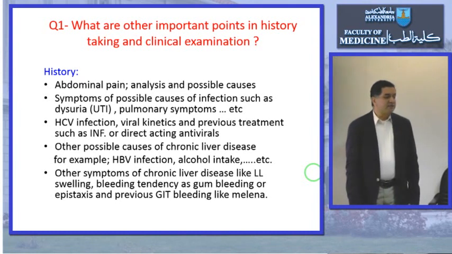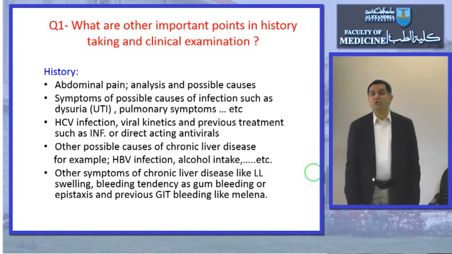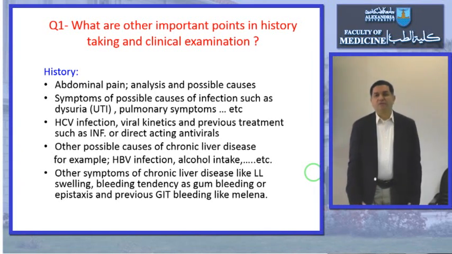The second is symptoms of possible causes of infection that you have to search for. In any patient with chronic liver disease and liver cirrhosis, there are common causes and common sites for infection. The most common is the peritoneum, which is spontaneous bacterial peritonitis. Second is urinary tract infection.